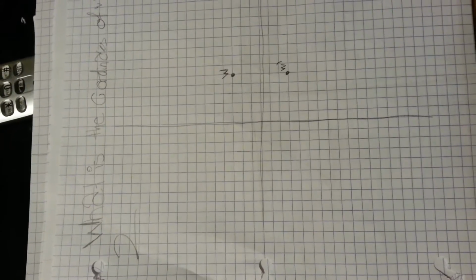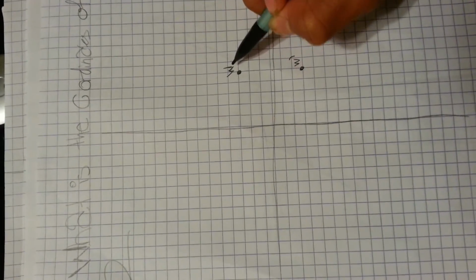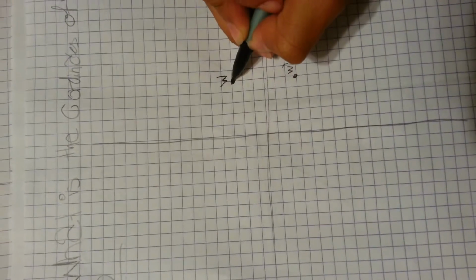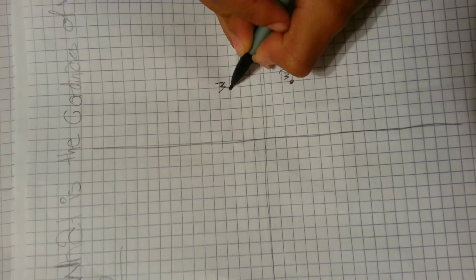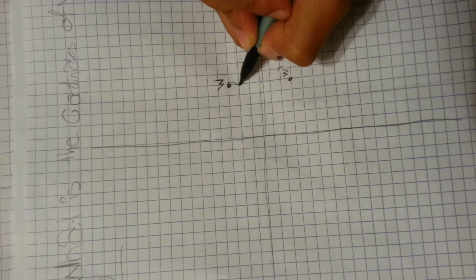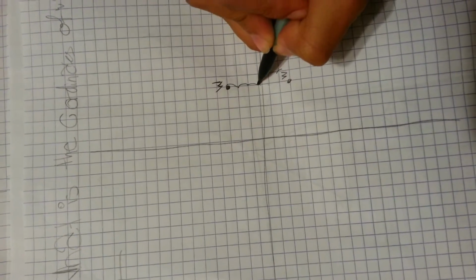Okay, for problem 2, what are the coordinates of y prime after the reflection of x in the x-axis? So I have the original. W is this one. So what I personally do is I count down, so it would be 1, 2, 3.